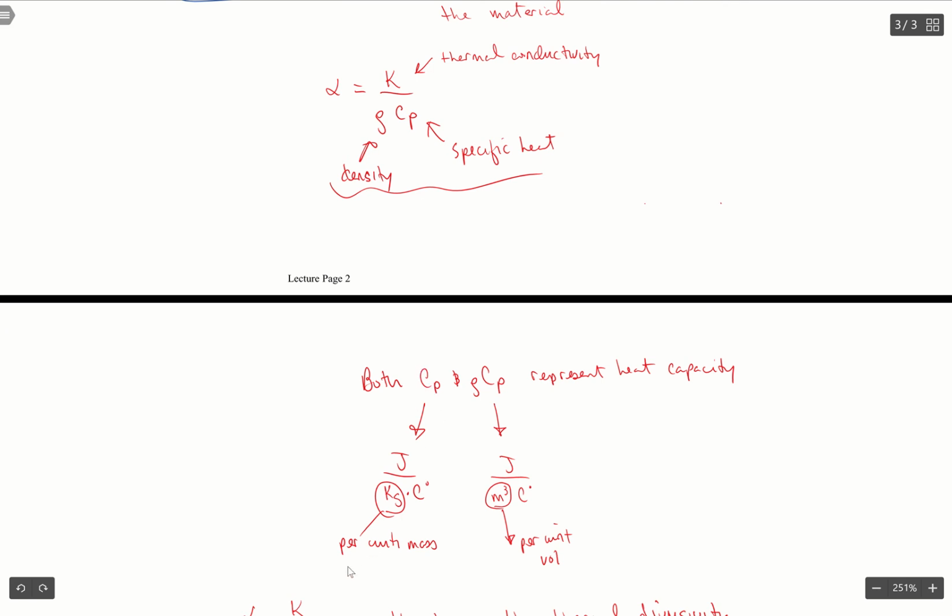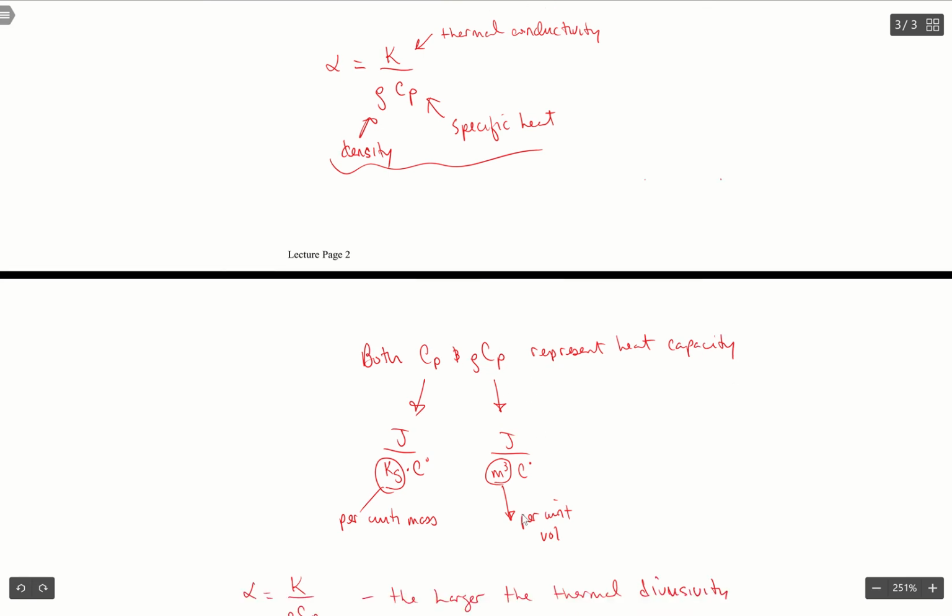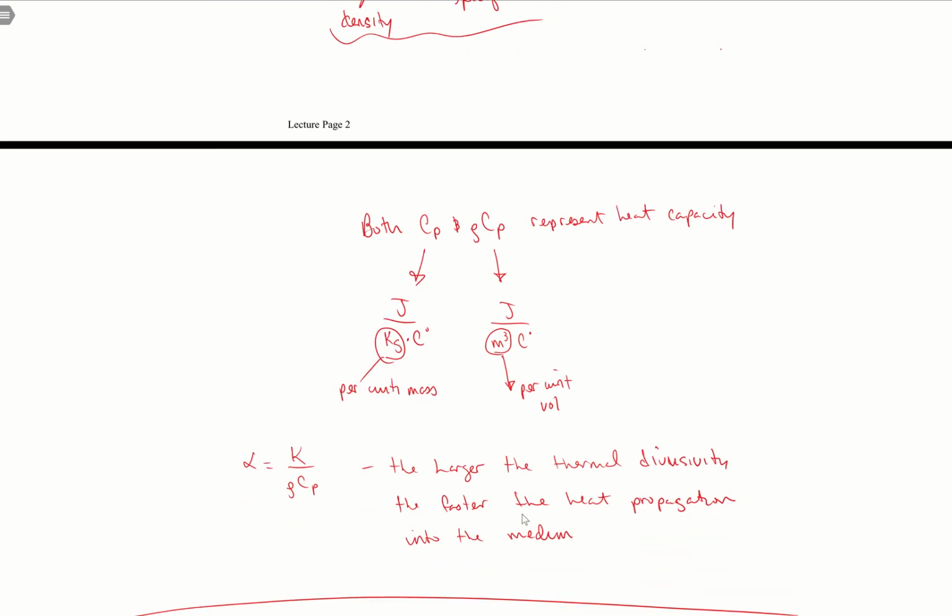Cp represents it on a per unit mass, whereas density times Cp represents it on a per unit volume basis. Okay, so they're similar, but just slightly different.